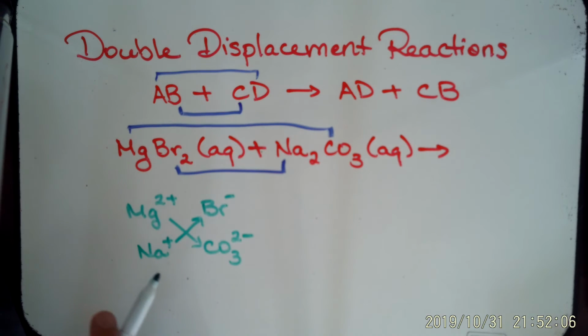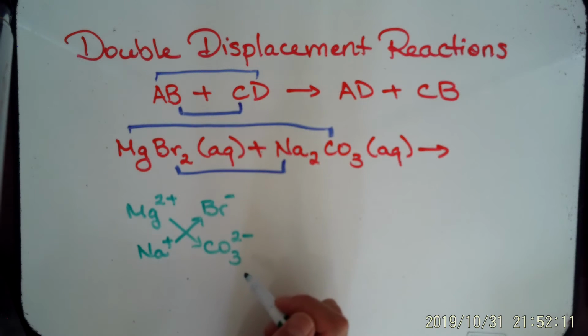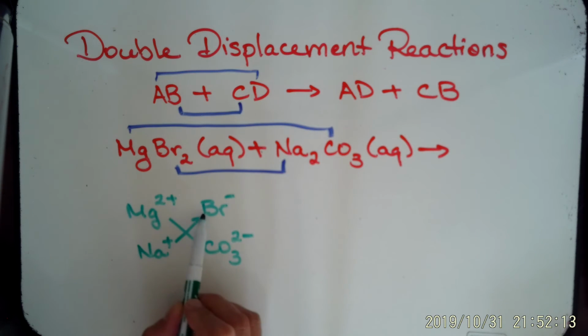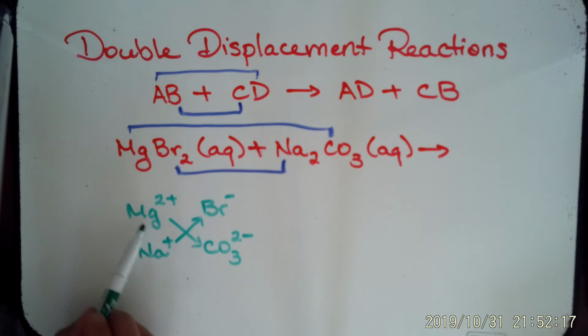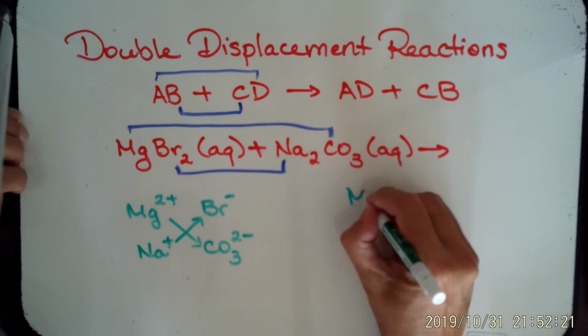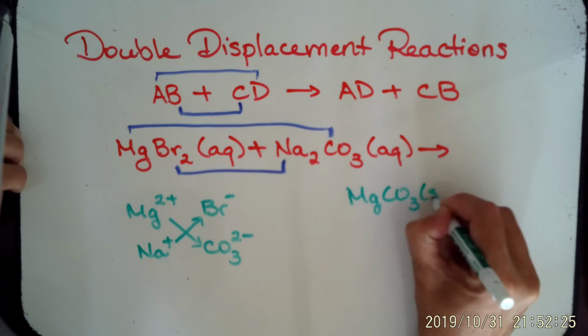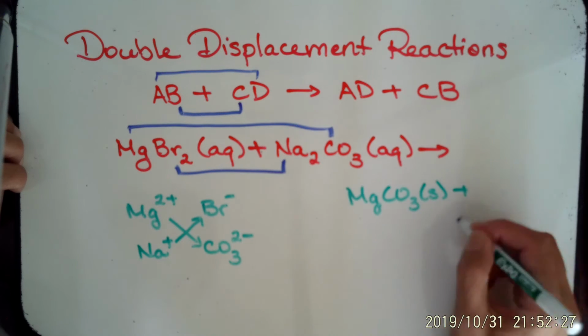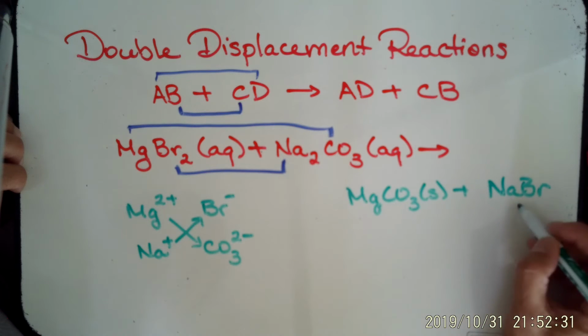Positive and positive, they're like charges, they repel. Negative and negative, like charges, they repel. Magnesium could go with the bromide, but that's our starting material. So the only other one that's new is magnesium going to carbonate. So our products would be magnesium carbonate, this is going to be a solid, plus the sodium bromide. And that's going to be aqueous.